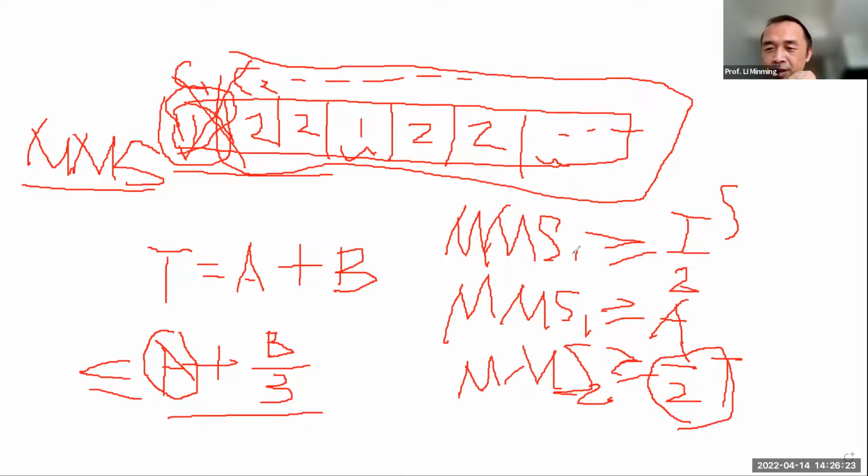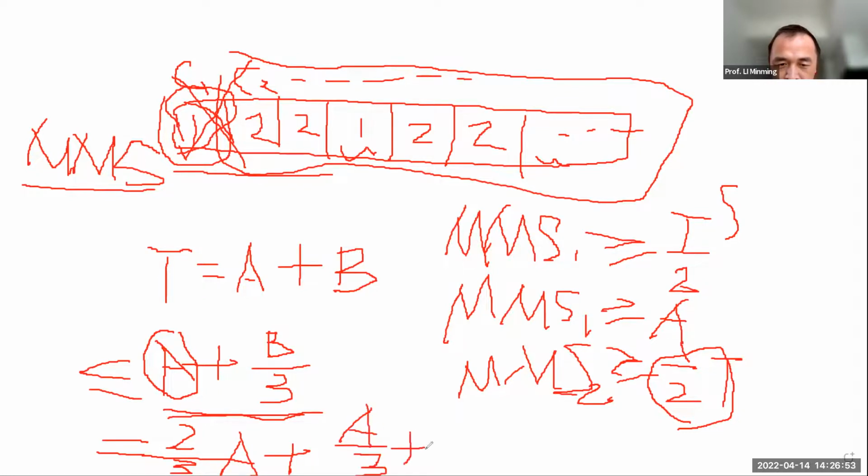Right, that's a bound. And I guess Haifeng already figured out how to do it. Actually, last night I was stuck here for a moment, because I think it's very difficult to bound B itself, as there's nothing about B here. Just like Haifeng observed, this should somehow be split into two parts: one part is 2/3 A, the other part is 1/3 of A plus 1/3 of B. You can split these two terms into two new terms.